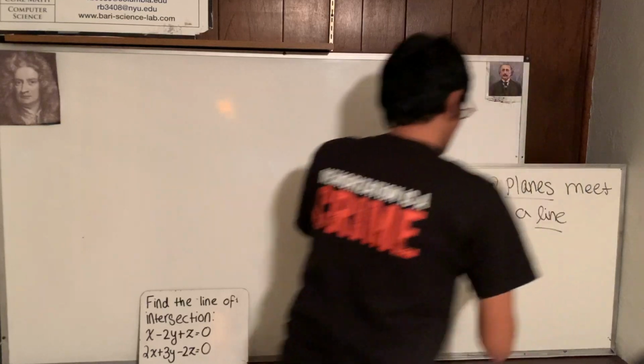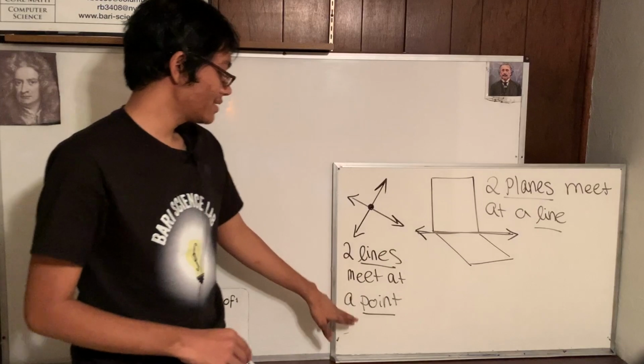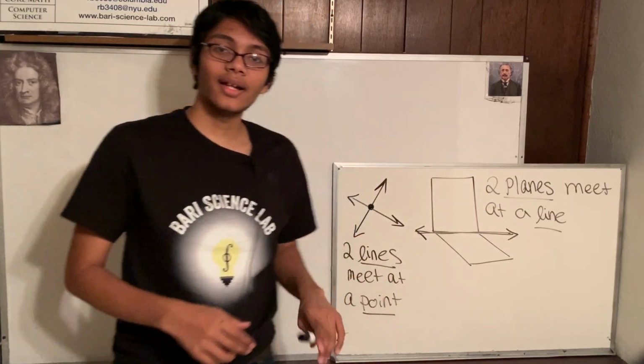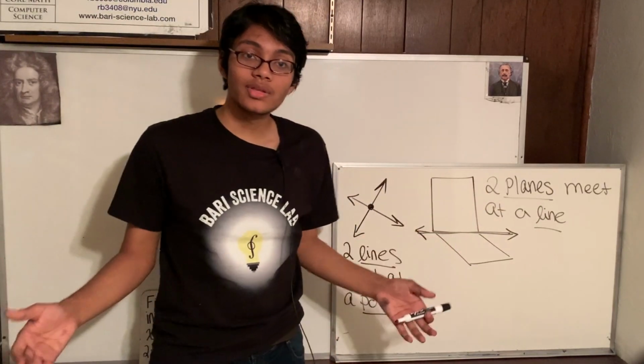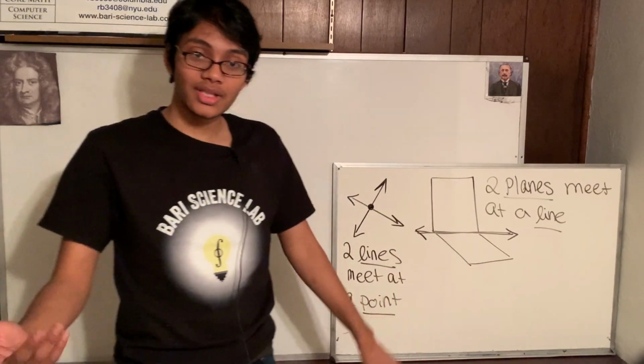So you can see that kind of interesting pattern there. Two lines meeting at a point, two planes meeting at a line. Who knows, maybe two three-dimensional spaces meet at a plane. Who knows, just speculating.